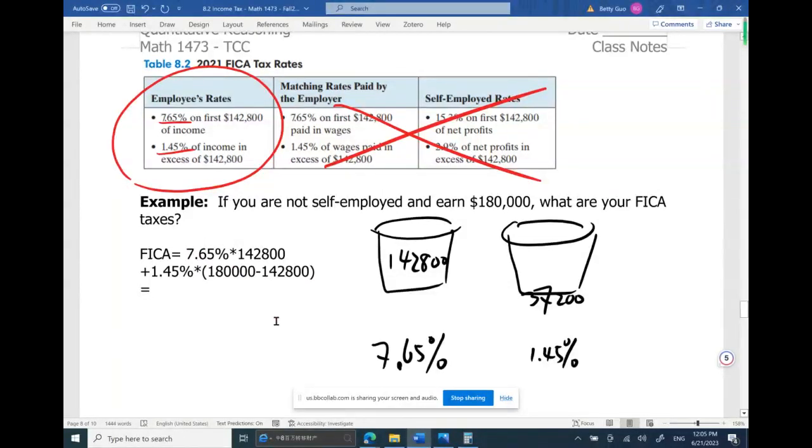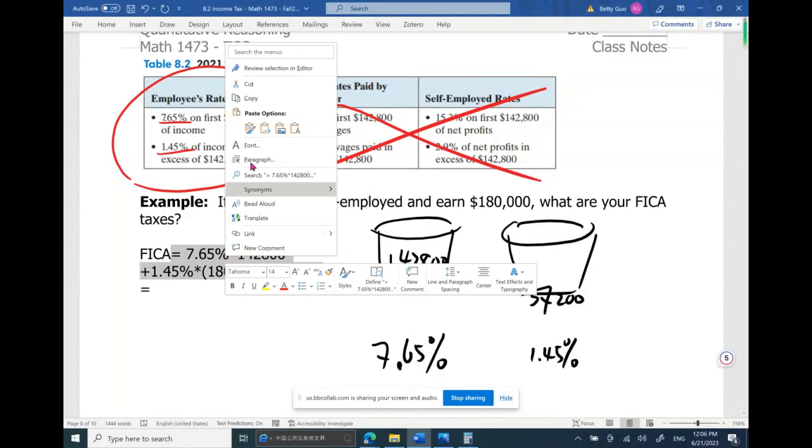When you calculate it manually or using a calculator, convert 7.65% to a decimal. We talked about this last section, right? Then multiply first, and then add the 2 products together. Follow the correct order of operations.